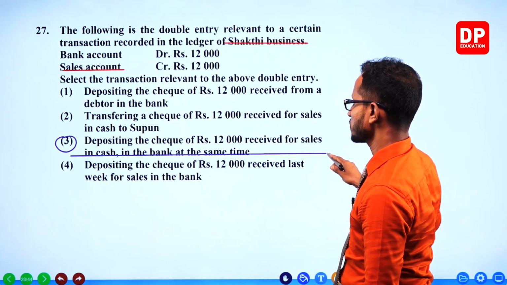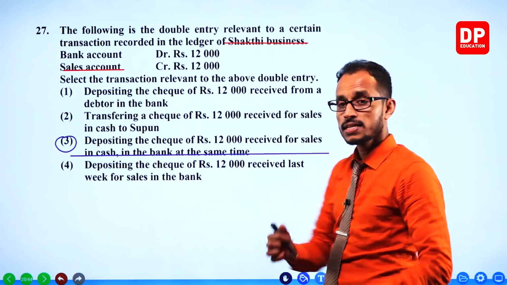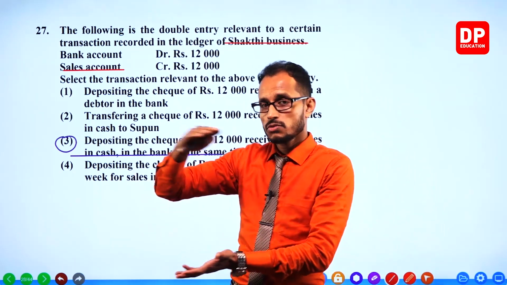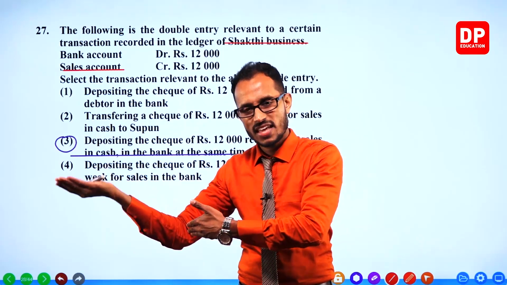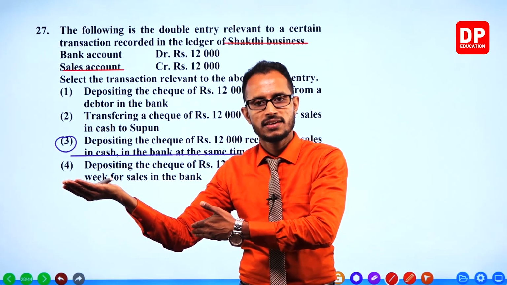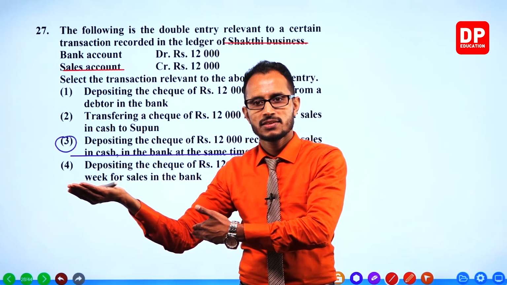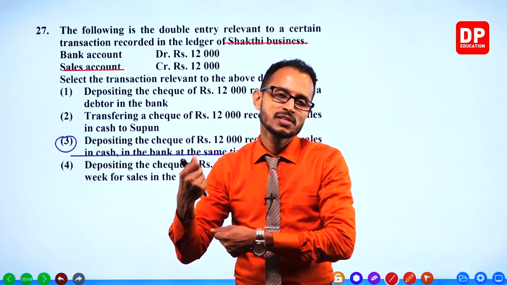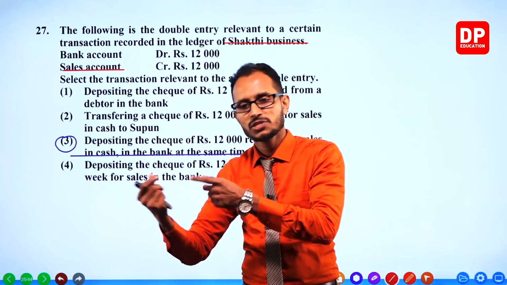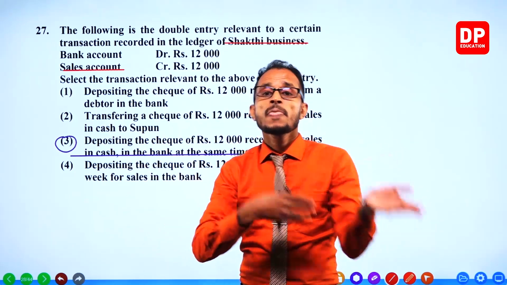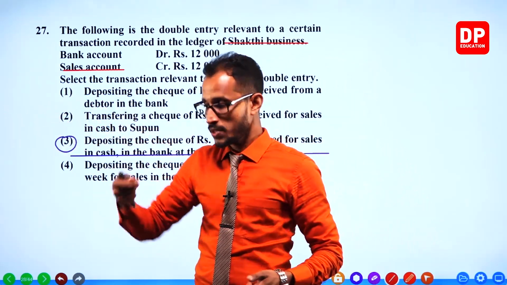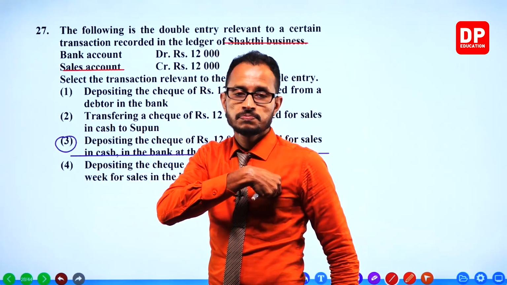As the goods were sold, when the sales happened, the cash was directly deposited in the bank account, which means you didn't get the cash from the customer into your hand.